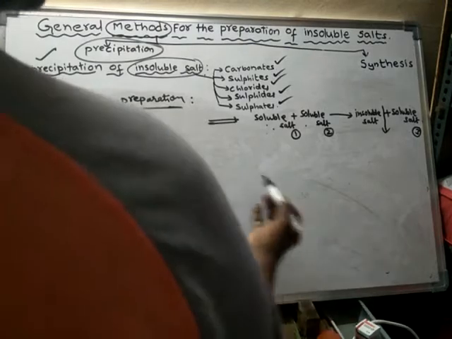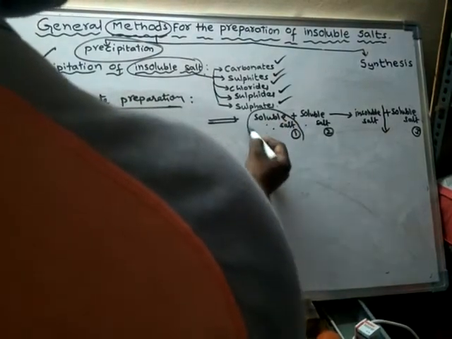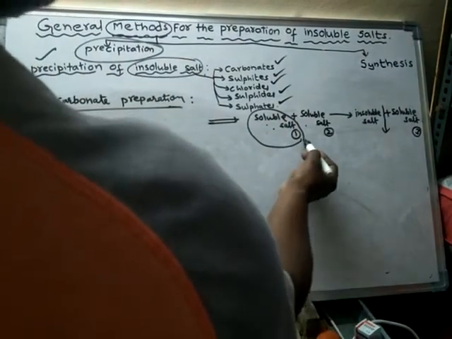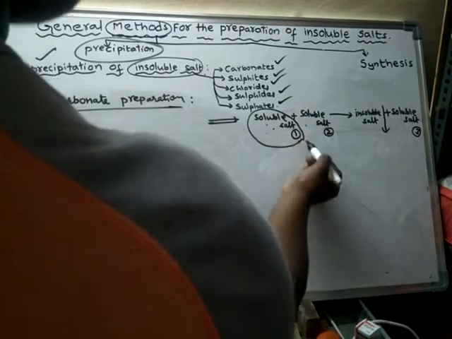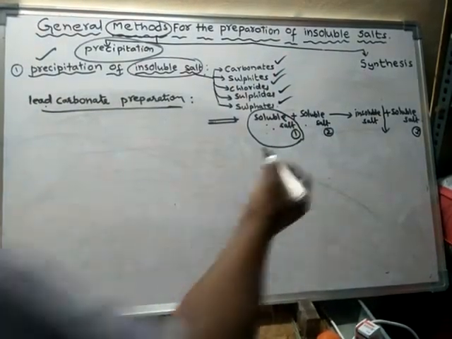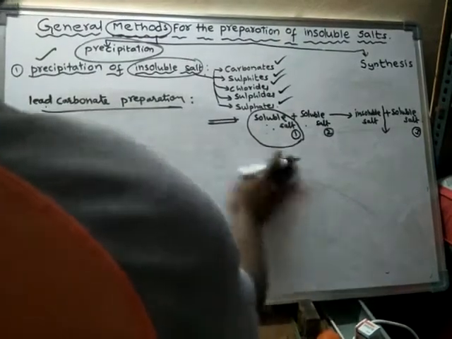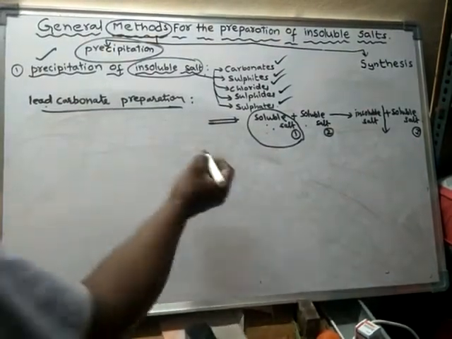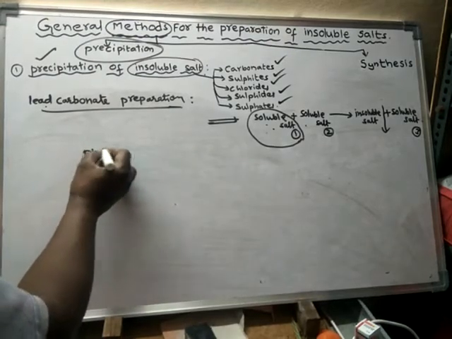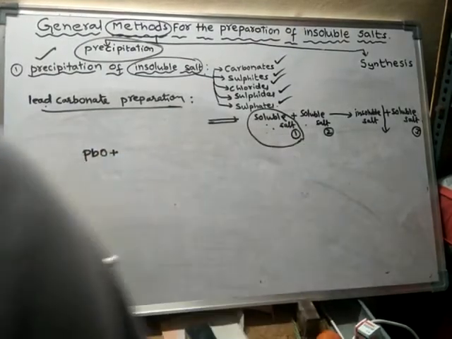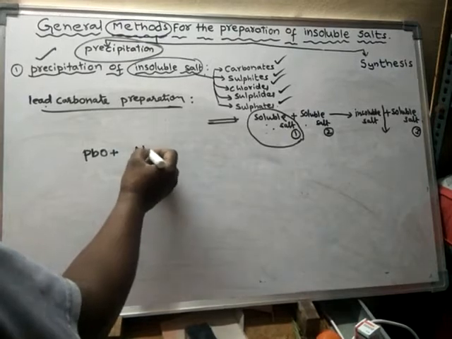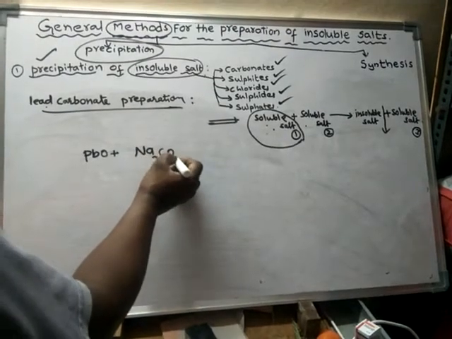But suppose I don't have two soluble salts, so there is only one soluble salt, and the other is an insoluble salt. For example, I have the insoluble salt lead oxide, and the soluble salt sodium carbonate, let us assume.